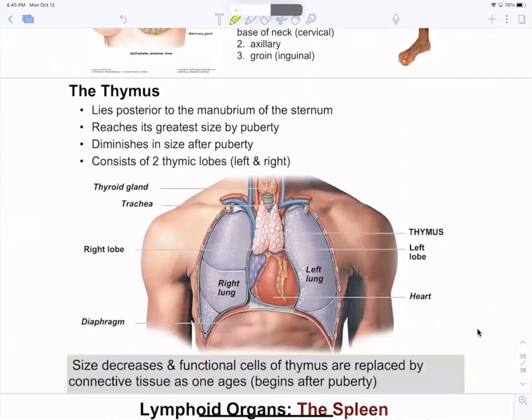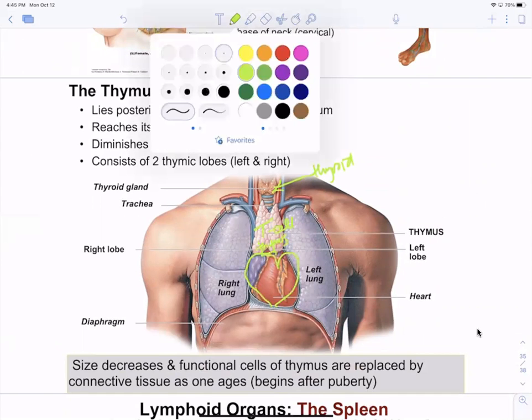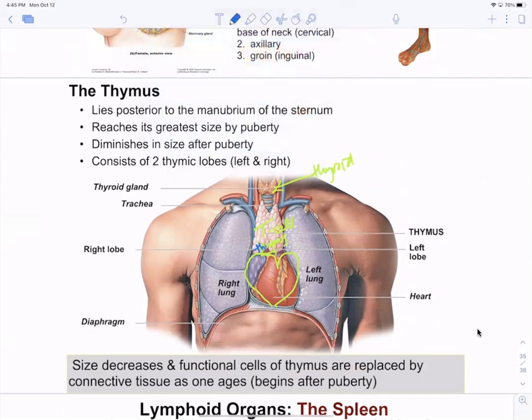So the thymus is where T cells mature, right? And the thymus, by the way, this is your thyroid. This is your thymus. So your thymus is right above the heart. Be careful not to mix up thyroid with thymus.